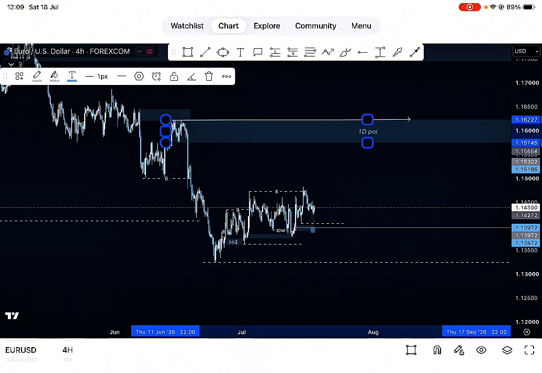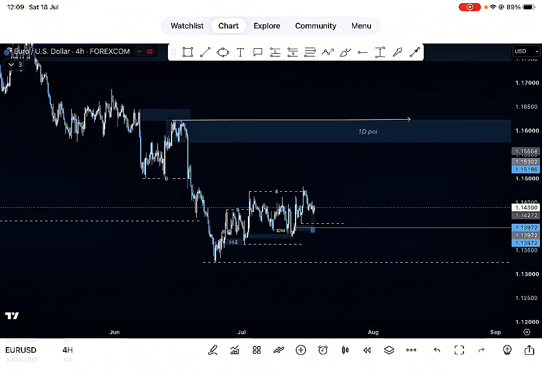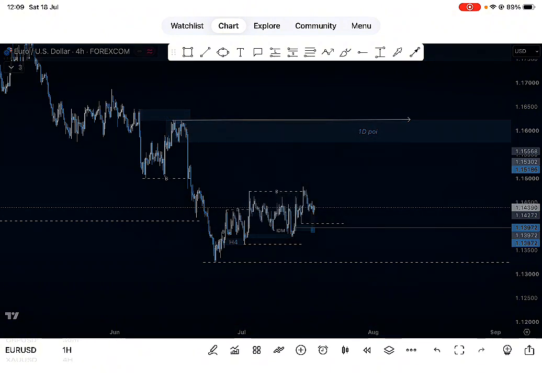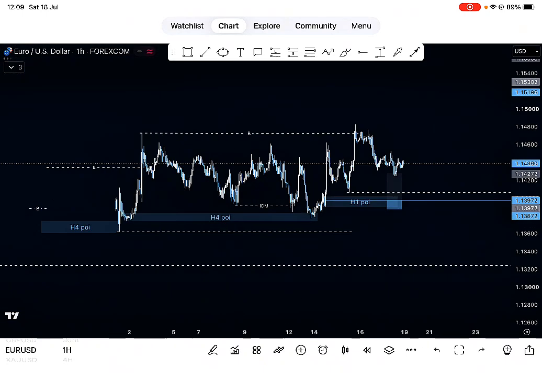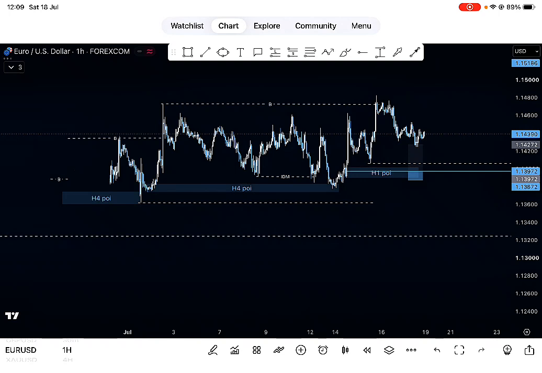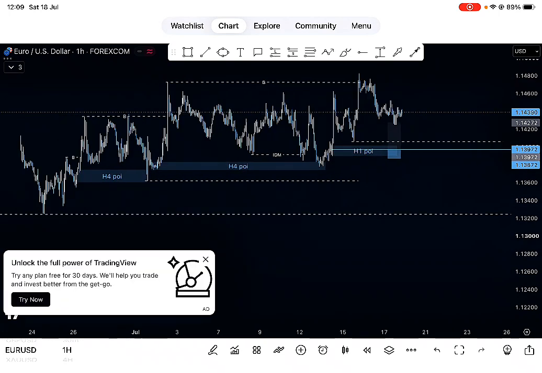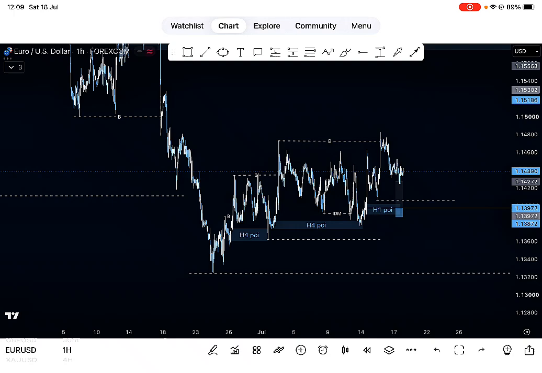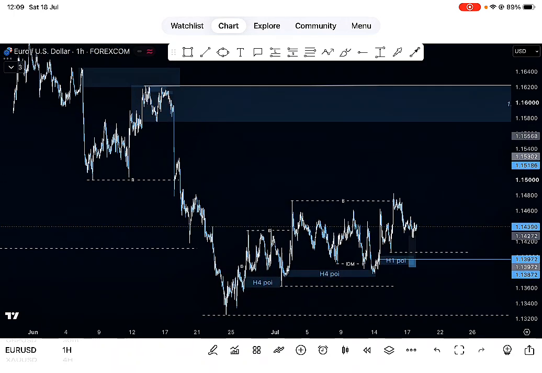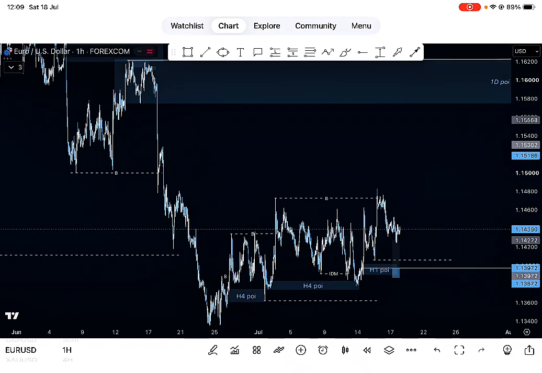Since this POI is already marked out, then the H1. Welcome to the H1, the 1 hour time frame. What can we see happening in the 1 hour time frame?